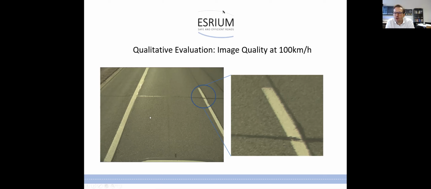We have some motion blur, but not too much, and we deem it feasible to use this camera information for automated damage segmentation and also for stereo processing. Okay, next slide, please.